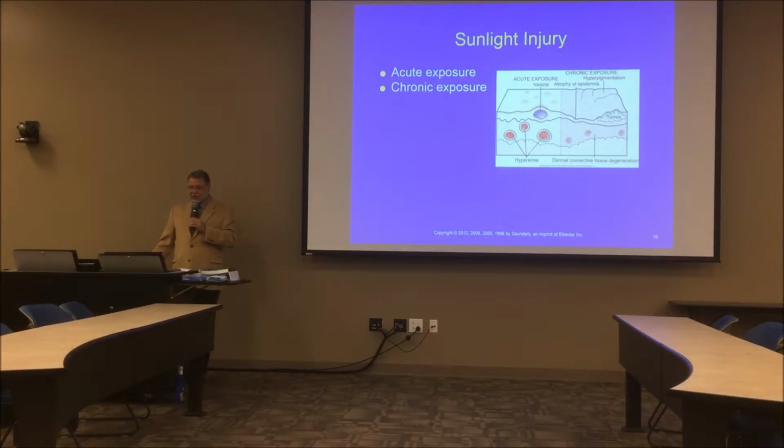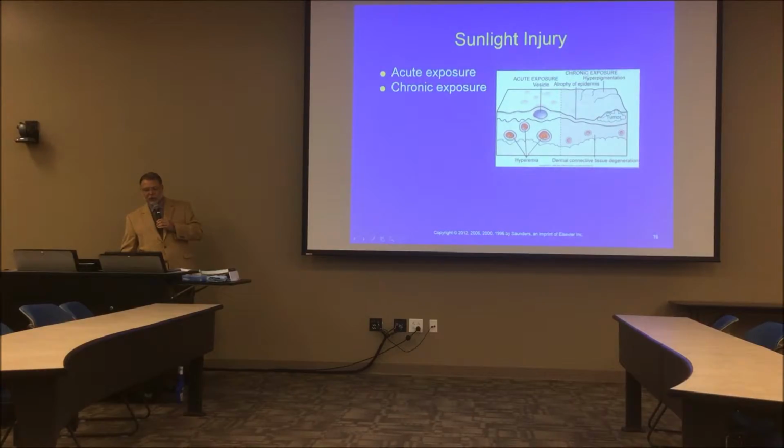So in sunlight injury as thermal injury, the acute and chronic exposure are going to have different situations. In the acute exposure, you're just going to have hyperemia, probably some vesicle formation as blisters.